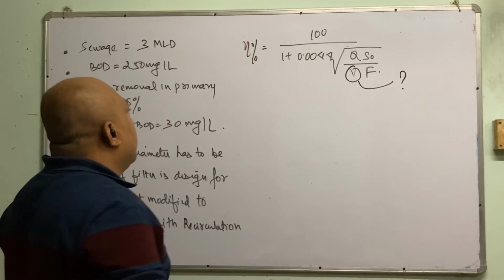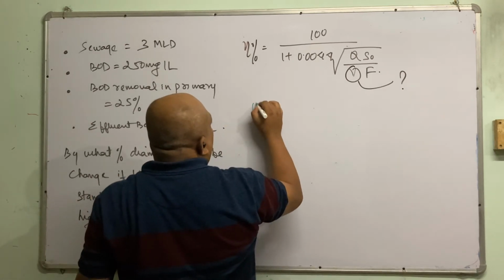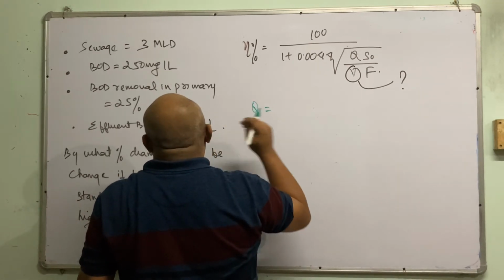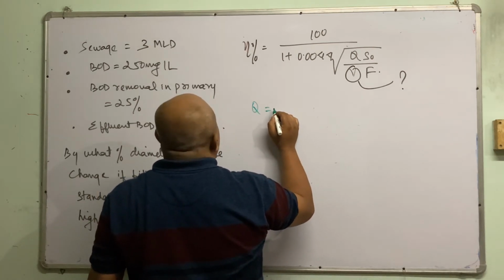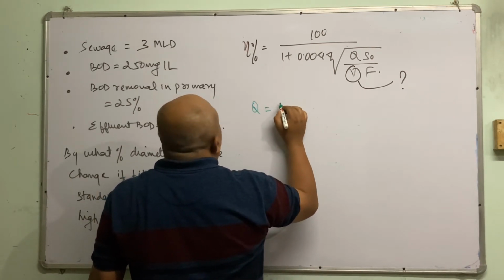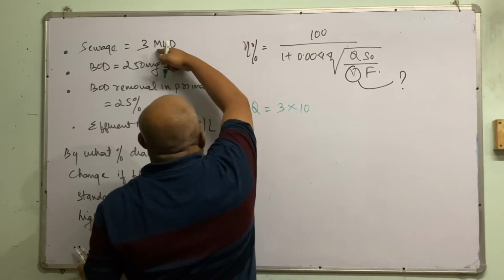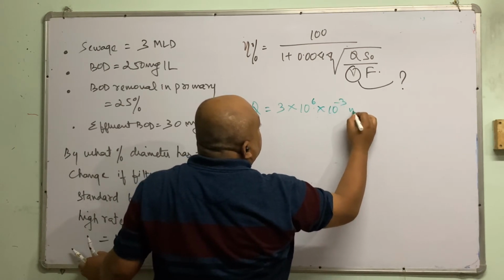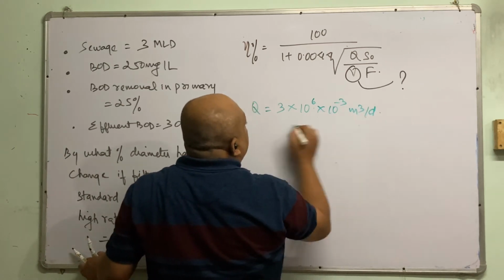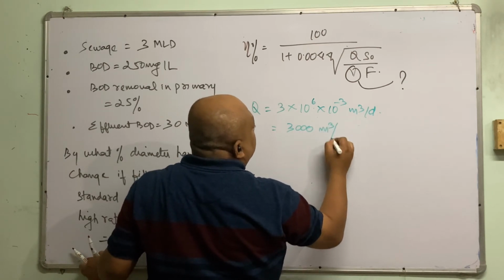Is it okay? Now, what is Q? Q is not 250 milligram per liter. Q is 3 into 10 to the power 6 into 10 to the minus 3 meter cube per day. That is 3000 meter cube per day.